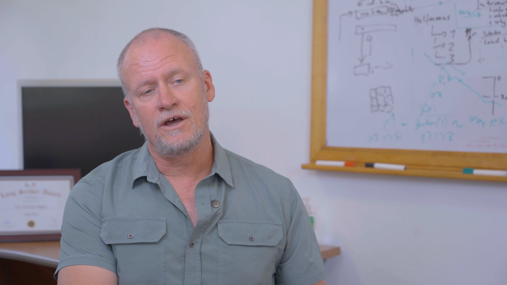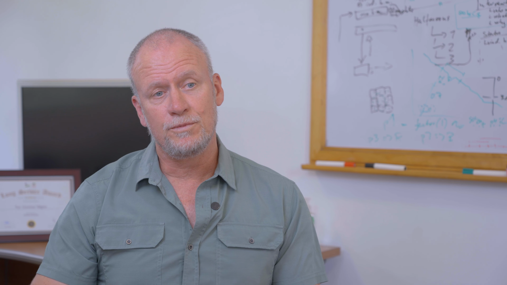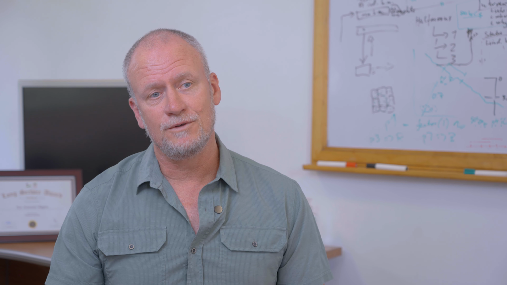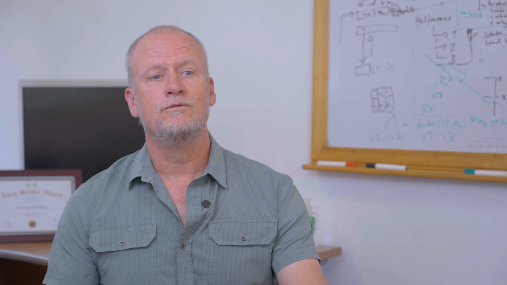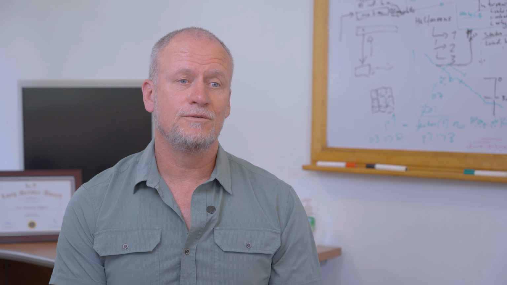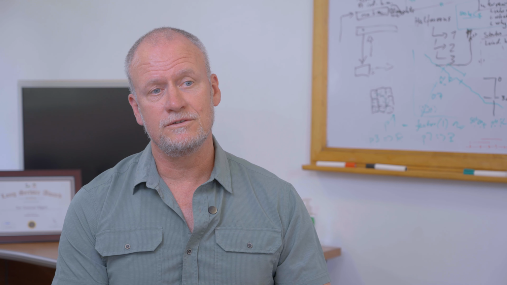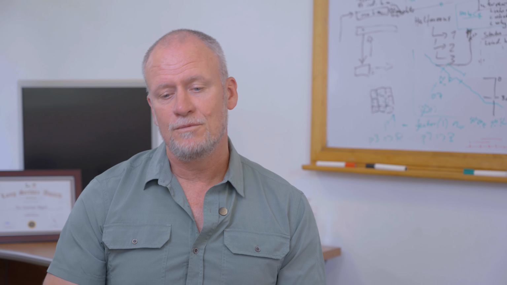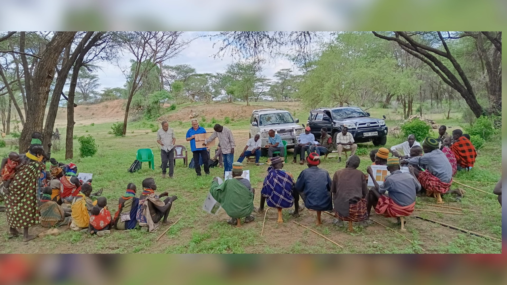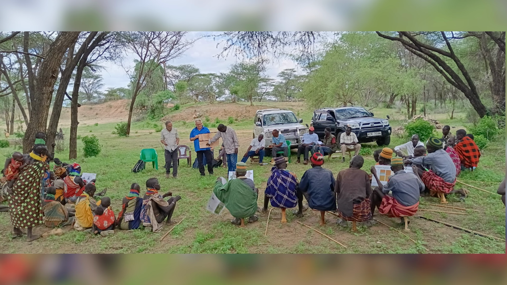Right? So closing that loop is what we're trying to do with all of this. So making sure that we have really systematic and solid data that we collect in the field to make sure that what we produce is high quality, but then also finding ways to get that information back to farmers and back to pastoralists.